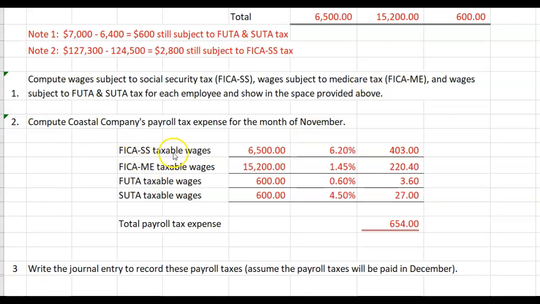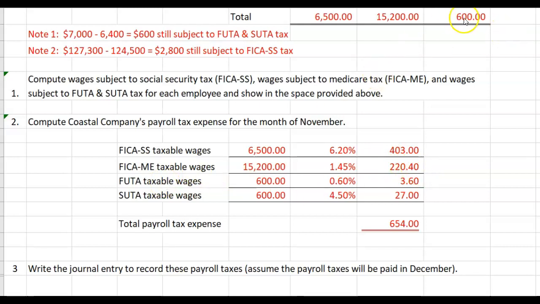Wages subject to Social Security taxes are $6,500 times the 6.2% tax rate equals $403 of Social Security taxes. Wages subject to Medicare taxes were $15,200 times the 1.45% Medicare tax rate equals $220.40.